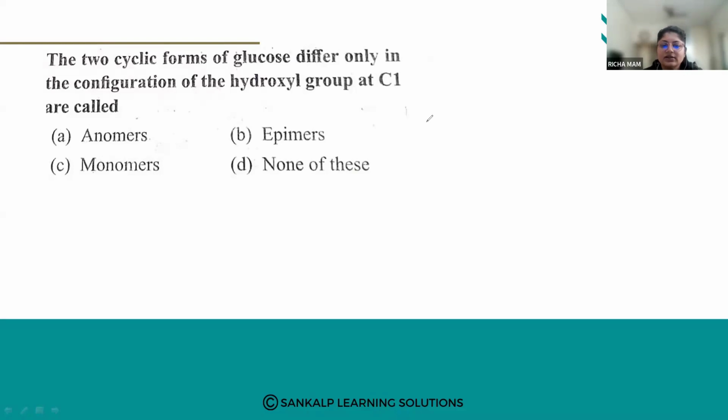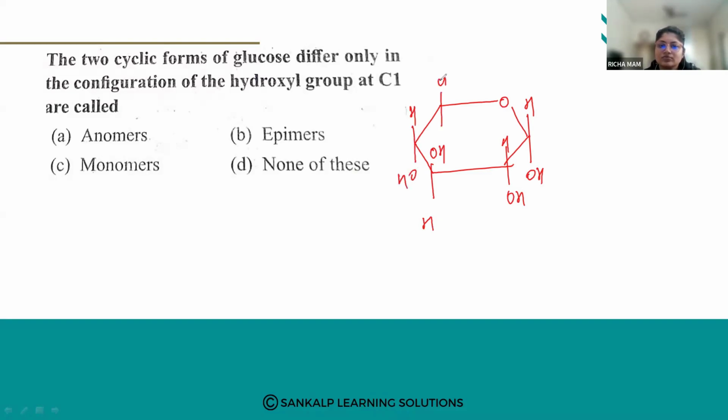Let me write alpha D glucose and beta D glucose, the pyrano structure. So this is your alpha D glucose.